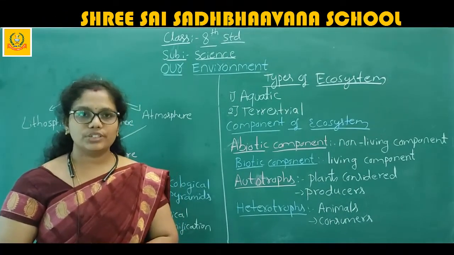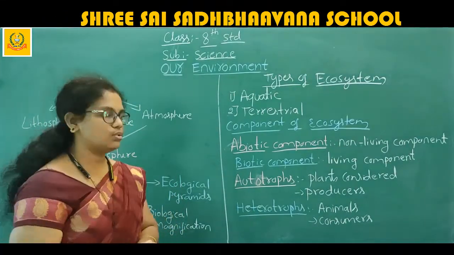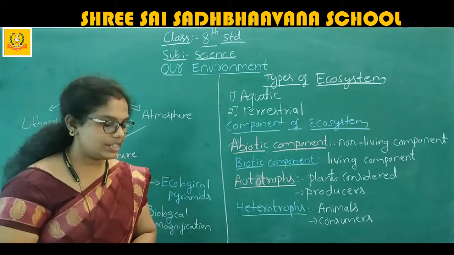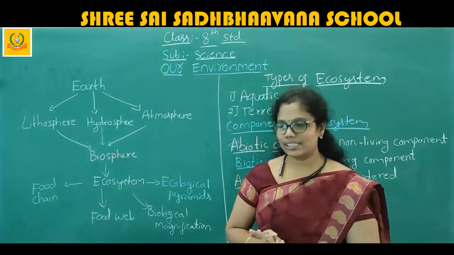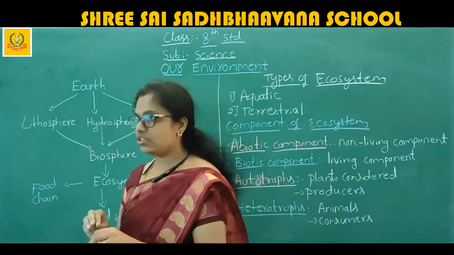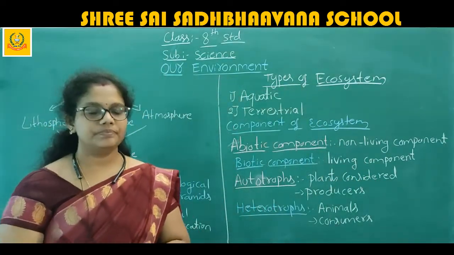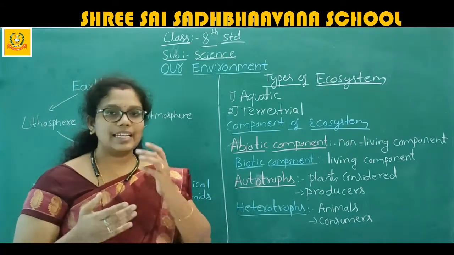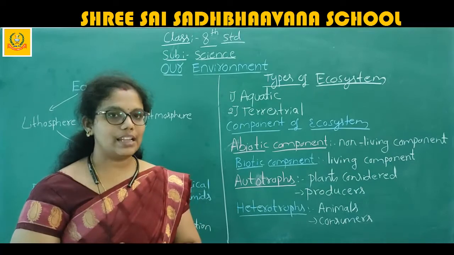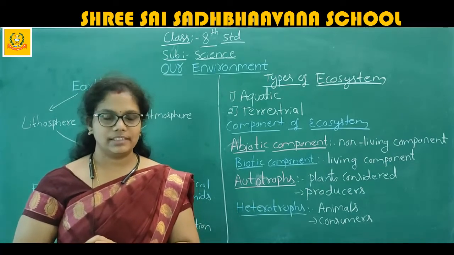Okay, now we are going to discuss the types of the ecosystem. Generally, the ecosystem is classified into natural ecosystem and man-made ecosystem. First of all, what is an ecosystem?